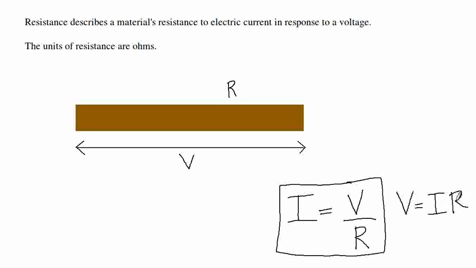Can you see that that's the same as what I have in the box? All I did was multiply both sides by R. And likewise, with the new formula, you could divide both sides by I, and you could get that the resistance is equal to the voltage divided by the current. We will find reasons to use all versions that I've written there in the bottom right. Again, that is Ohm's law.